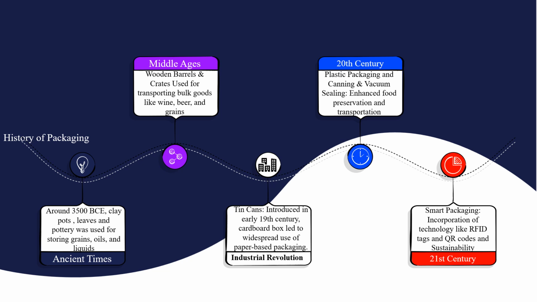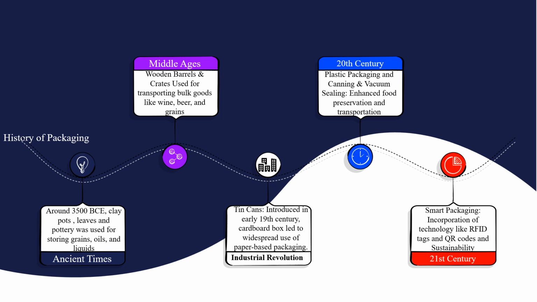And then smart packaging, in which technologies like RFID or QR codes have been successfully introduced, and which are sustainable for our environment also. In recent decades, concern about plastic pollution has led to a shift towards biodegradable, compostable, and eco-friendly packaging materials.